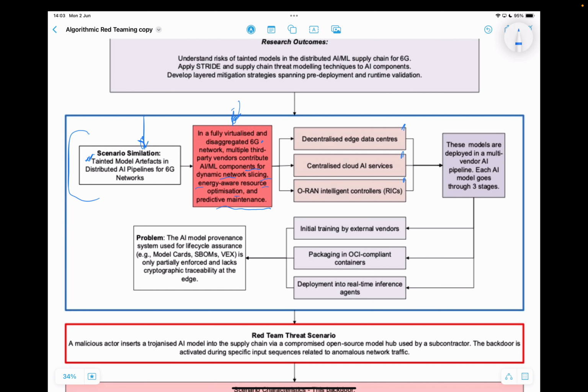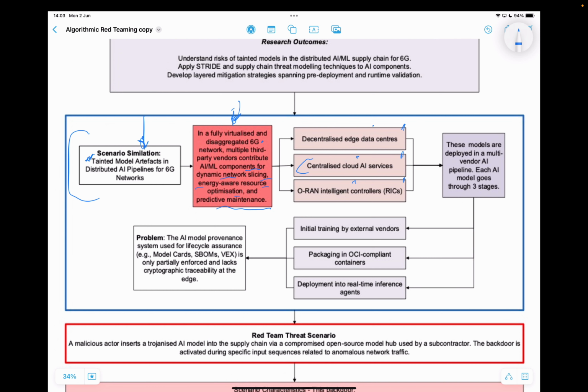So where do we start with this scenario? First, we start looking at decentralized edge data centers. We need to have centralized cloud AI services and ORAN intelligence controllers. Now, it's difficult to explain why this is the expectation, but based on existing literature, centralization is the key security mechanism that is imposed at this present moment.